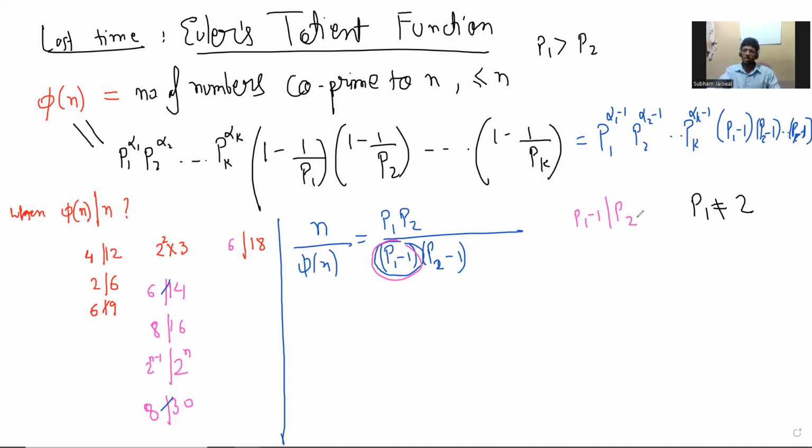So then what does it mean? There is no other choice. So p1 minus 1 has to be equal to p2, assuming it's not 1. This p1 minus 1 has to be a prime, and it has to be equal to p2.